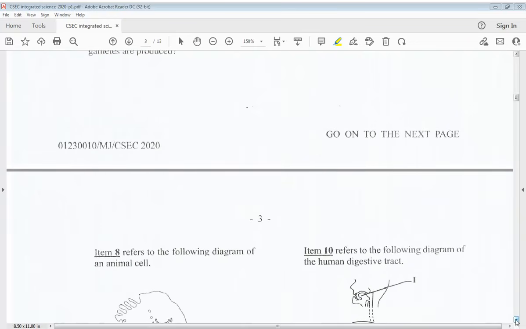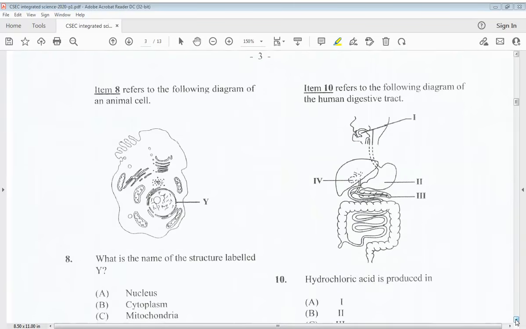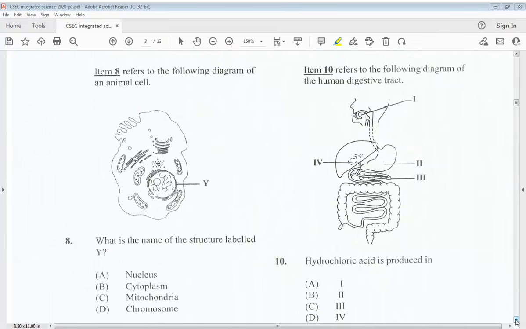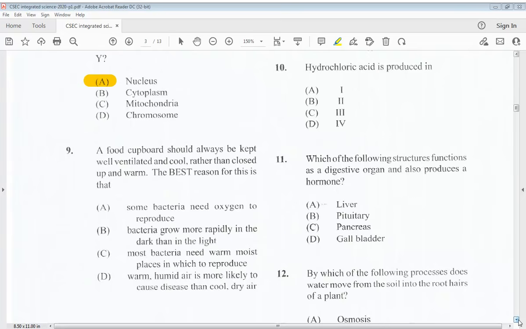Let's go down to number 8. Take a look at the diagram. They're asking us to name the part labeled Y. We know that is the nucleus, A. Question 9.